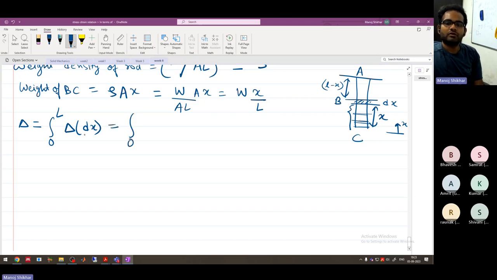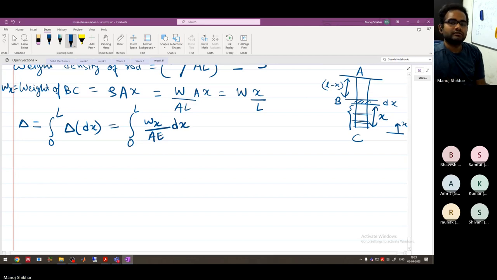Now for a small dx, what will be the delta? It will be the force on that. Maybe I will write it as Wx. So Wx by AE into dx.